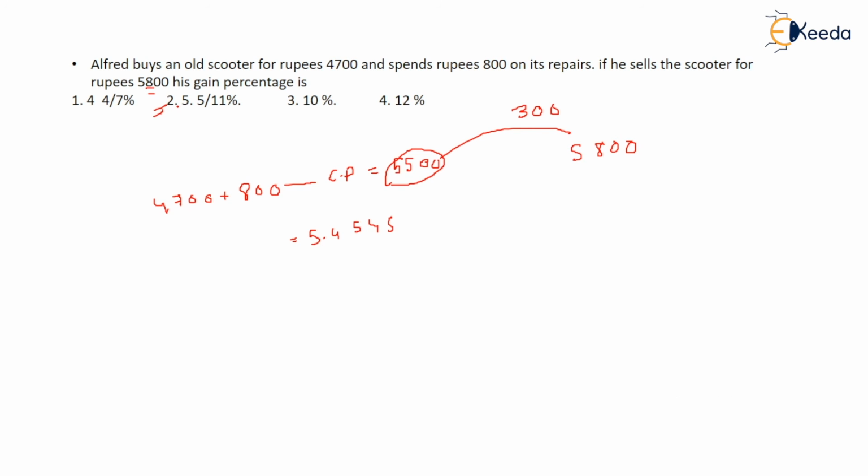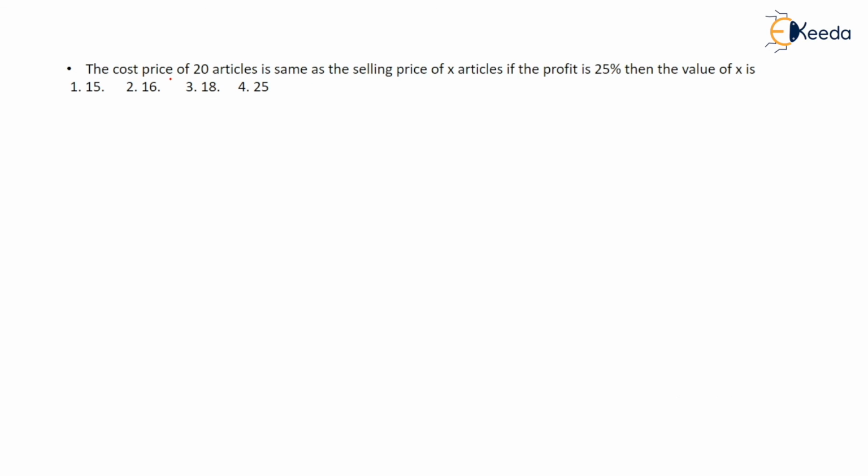Okay, simple. Next question. The cost price of 20 articles is the same as the selling price of X articles. If the profit is 25%, then find the value of X. So 20 cost price articles is equal to X selling price. So you can simply keep it as X by CP, X by 20, right?